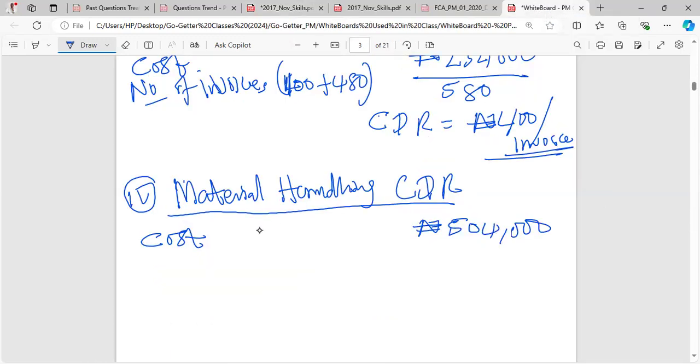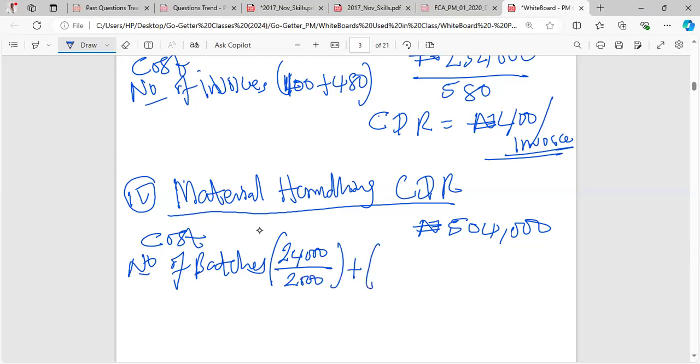Number of batches. So we have 24,000 all over 2,000 plus 24,000 all over 100. And that's giving us 12 plus 240.